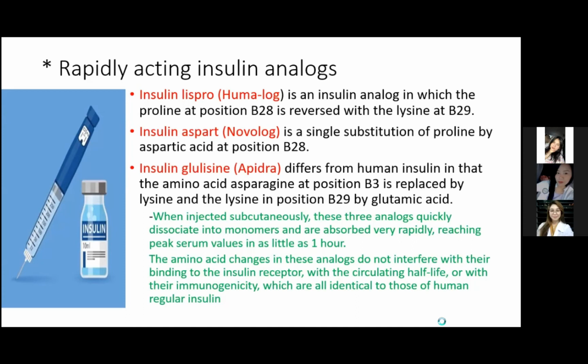Note that when these rapidly acting insulin analogs are injected subcutaneously, they quickly dissociate into monomers and are absorbed very rapidly, reaching peak serum values in as little as 1 hour. The amino acid changes in these analogs do not interfere with their binding to the insulin receptor, so the circulating half-life and the immunogenicity are identical to those of human regular insulin.